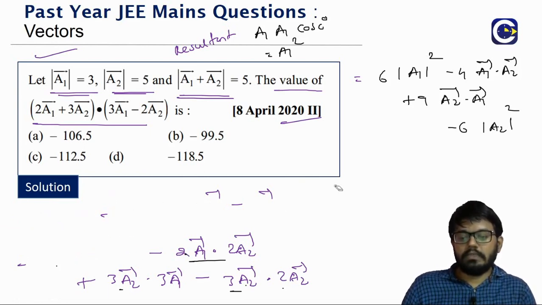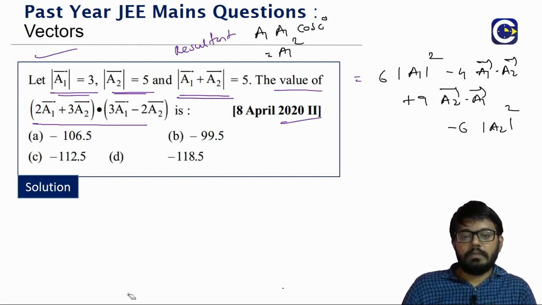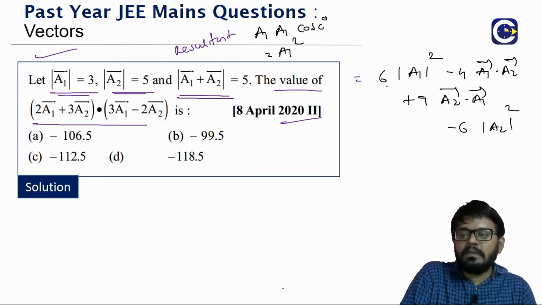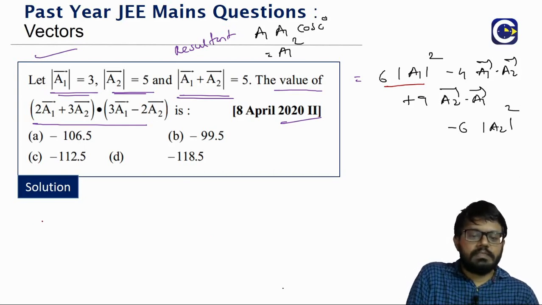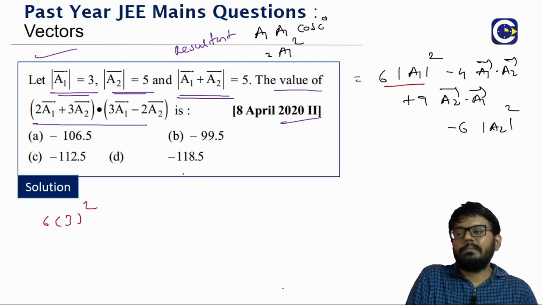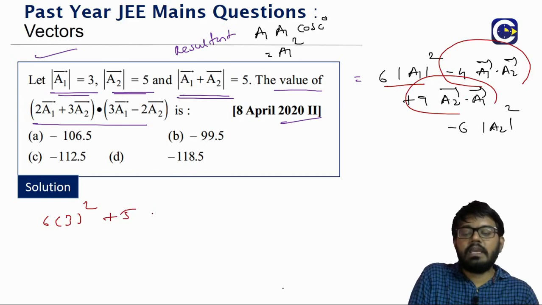So let's write this down. They are asking for the value of (2a1 plus 3a2) dot (3a1 minus 2a2). Look at this: 6 into mod a1 the square, and mod a1 is 3, so 6 into 3 square. Then minus 4 a1 dot a2 plus 9 a1 dot a2, because a1 dot a2 is equal to a2 dot a1. Minus 4 plus 9 is 5, so 5 a1 dot a2. What is a1 dot a2?